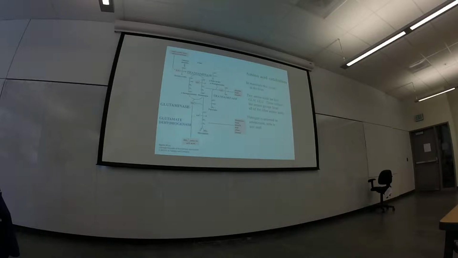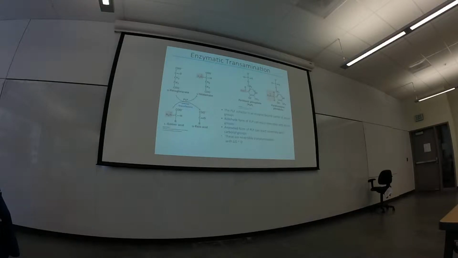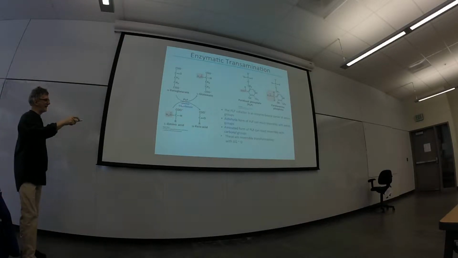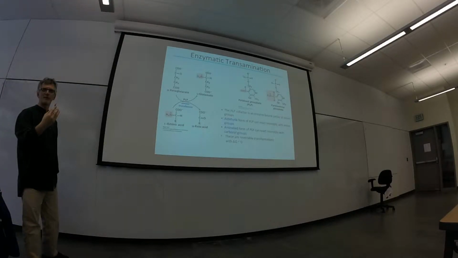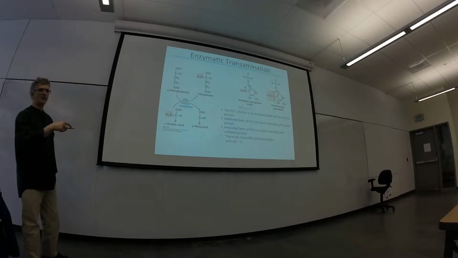Then this transaminase will have pyridoxamine phosphate on it. That will be shown here. So we'll do the first. If we imagine that we're starting here on the enzyme, and the enzymes are named after the amino acids, so, for example, aspartate aminotransferase, then the first thing that would happen is that this amino group would be transferred onto here to form pyridoxamine phosphate, and that would release the alpha keto acid.